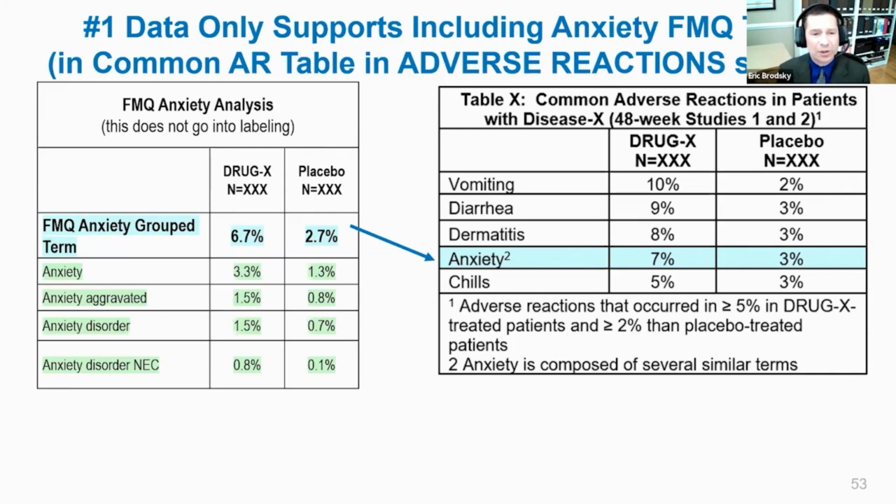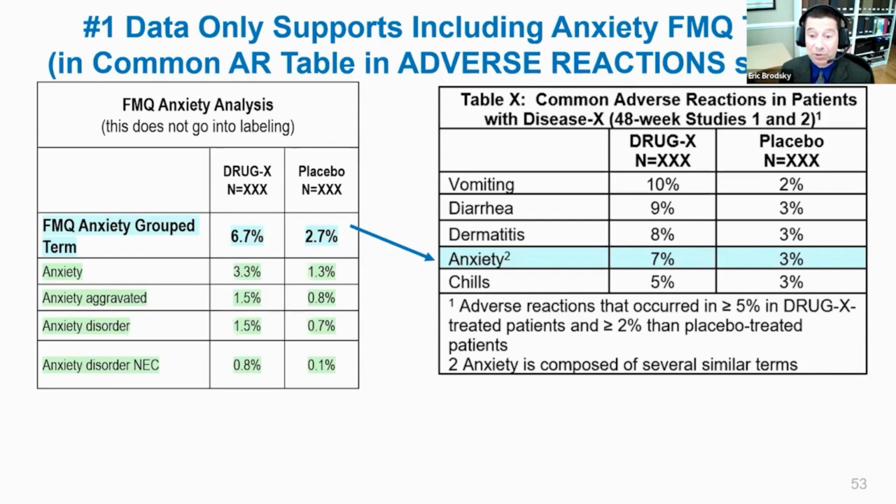Now, if you look at the green terms, they're not specifically named. However, they are incorporated into the incidence, 7% versus 3%, which represents the component terms.